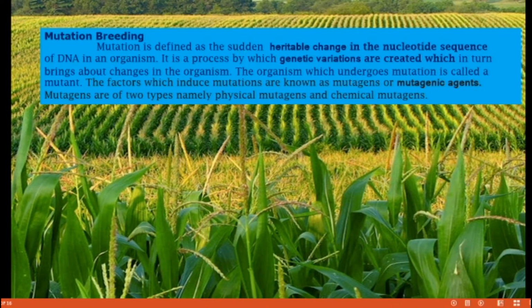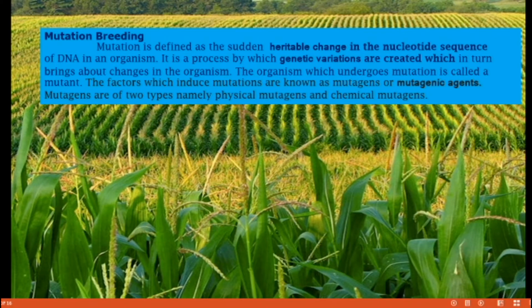The genetic character will be different or may change the desirable characters. So this is the process by which genetic variations are created, which in turn bring about changes in the organism. Mutations are happening in plants or in any living organism.